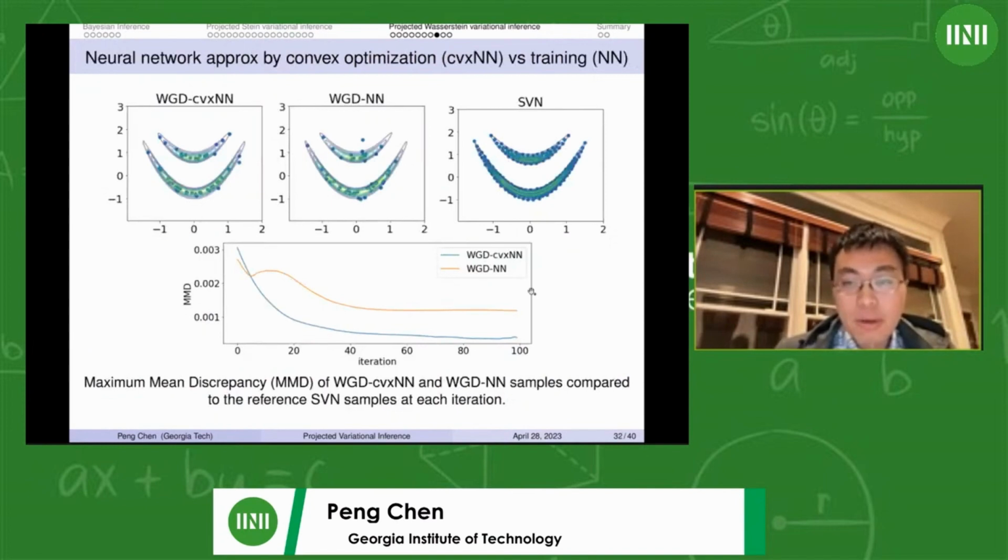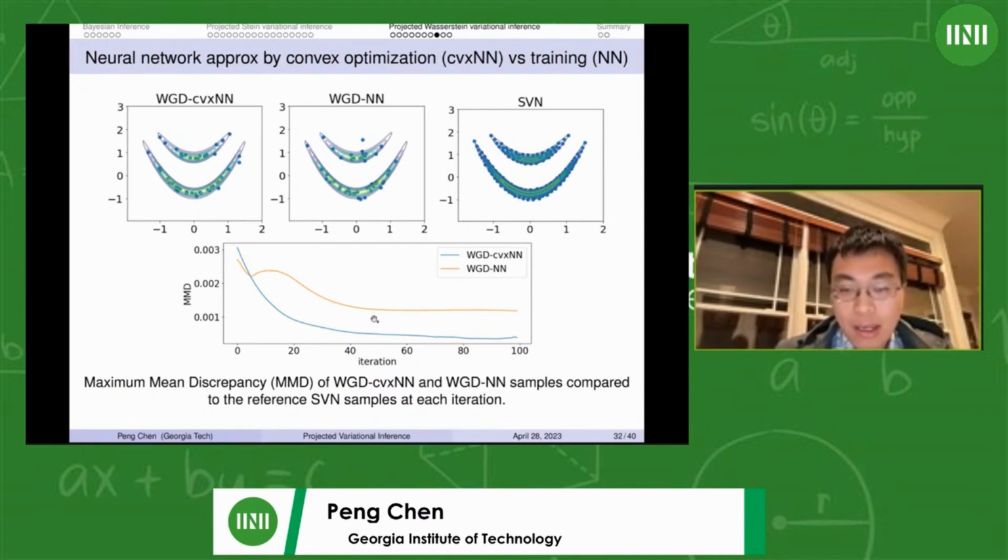Here's a simple test on a toy problem in 2 dimensions. Again, this is the double banana problem with our convex optimization of this neural network. For each Wasserstein gradient direction, this is a comparison of their converged samples with SVN, Stein variational Newton, as a reference. You can see here the MMD, the maximum mean discrepancy, of these 2 different algorithms compared to our reference of SVN samples.